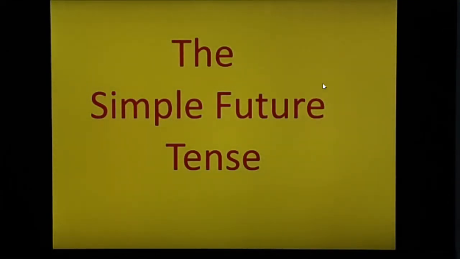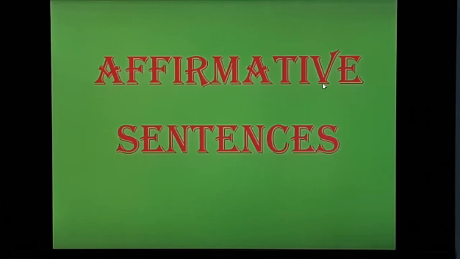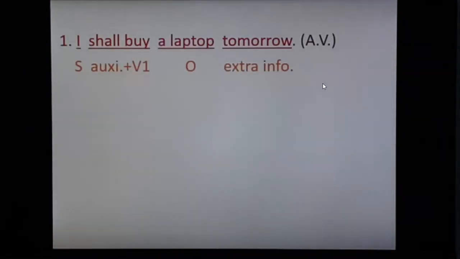Today we are going to learn active passive voice in the simple future tense. First of all, we will see affirmative sentences. First, I shall buy a laptop tomorrow. So here find out subject, verb, object.